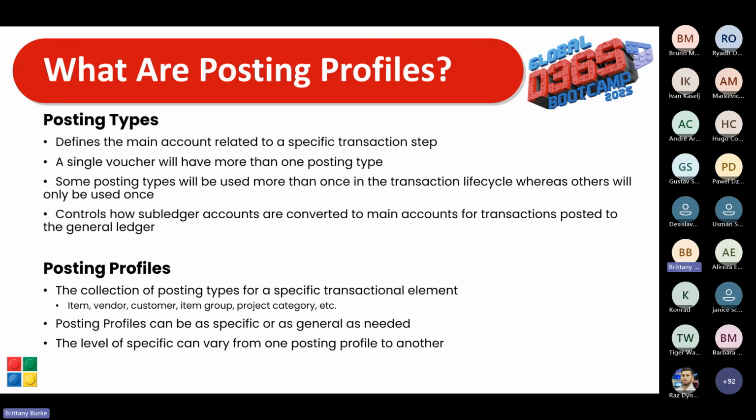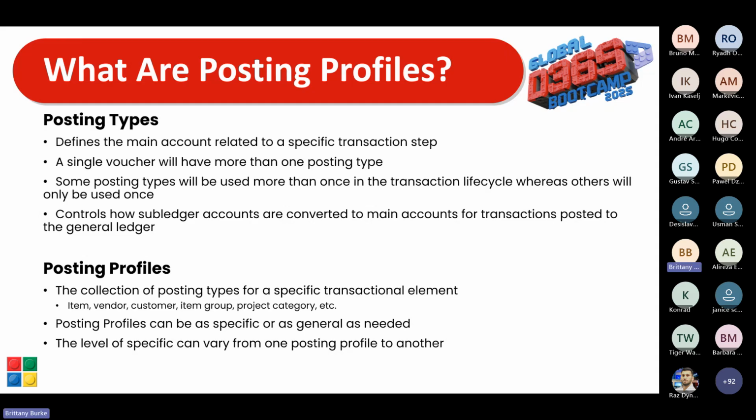So posting profiles are the combination or collection of posting types for a specific transactional element. So for an item, for a customer, or for a vendor. An item or an item group could have a specific posting profile saying everything that applies in this group. So all of my, let's say, electronic inventory, all of that has its own posting profile, but it's composed of many different posting types, which are the different components, and we'll talk about this in a few minutes.